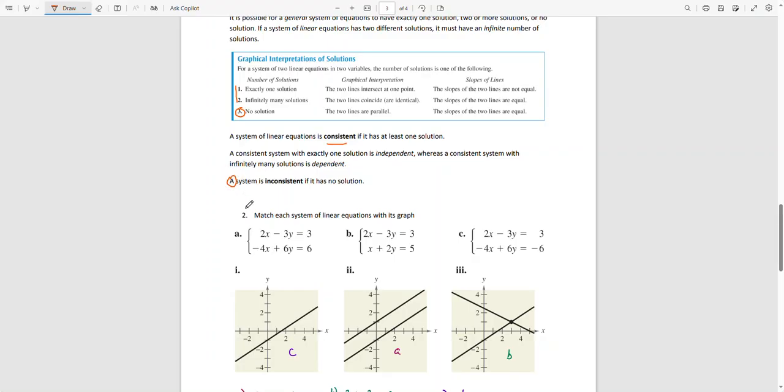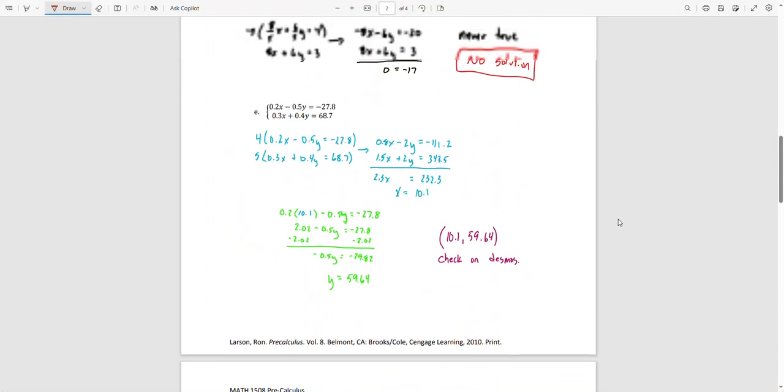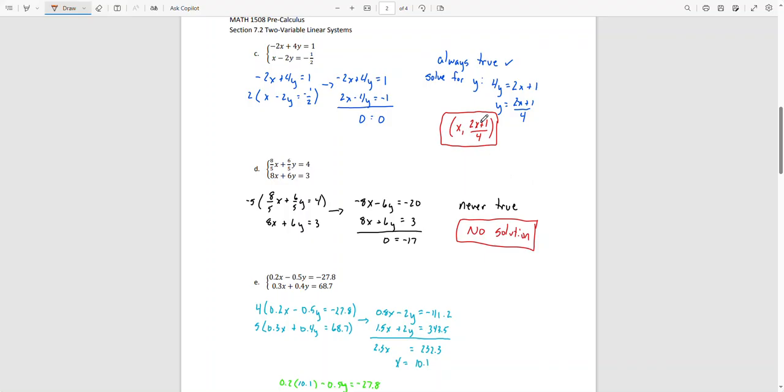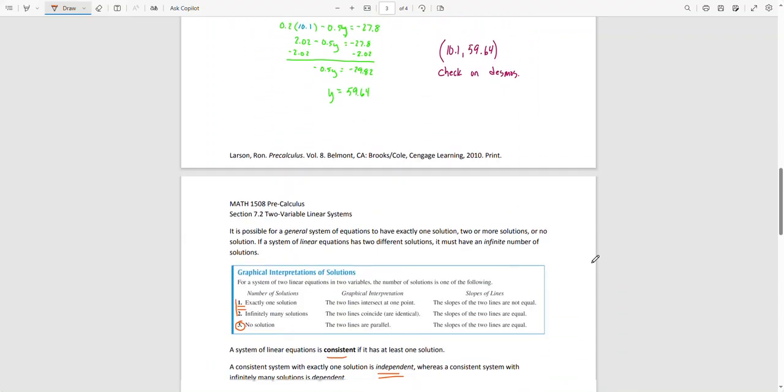A consistent system with exactly one solution is independent. It'll look like this. We have an answer. Otherwise, it's dependent. And we saw that dependent one. Our dependent one is where the y value depends on the x you choose. So we saw that as well.